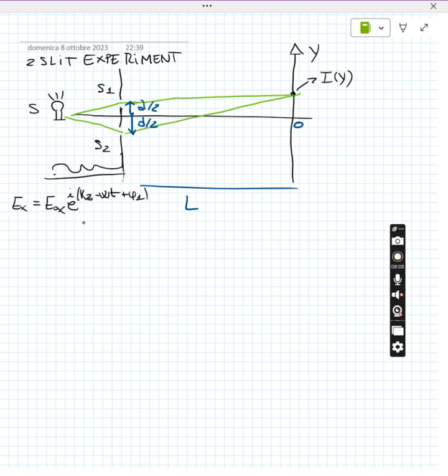What actually counts is the path of the ray after this first screen. We have to make the assumption that the light is monochromatic. So the electric field can be written at a generic point on the y-axis.